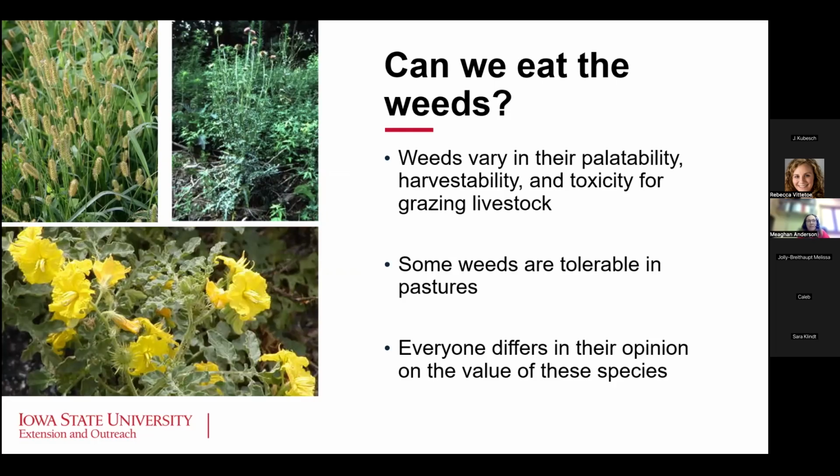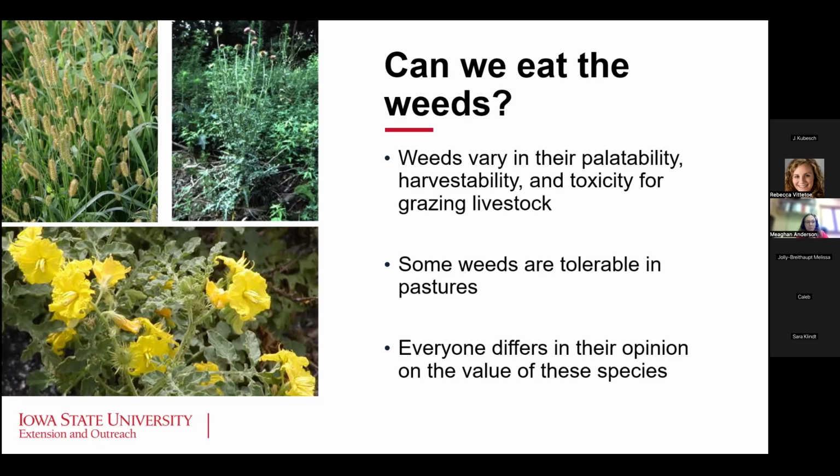Weeds in pastures can be just as palatable and available for livestock to graze on as the desirable forage that you want there. But some of them can be really bad for your livestock. And so it's important to know what weeds you have out in your pastures and whether or not you can tolerate them.